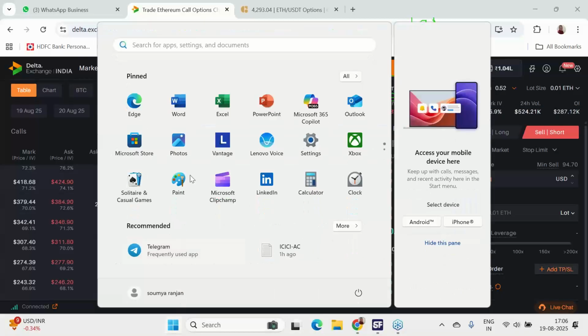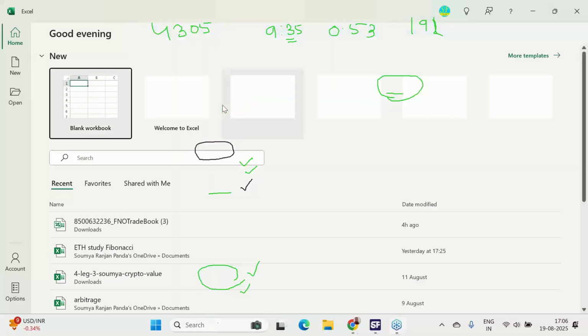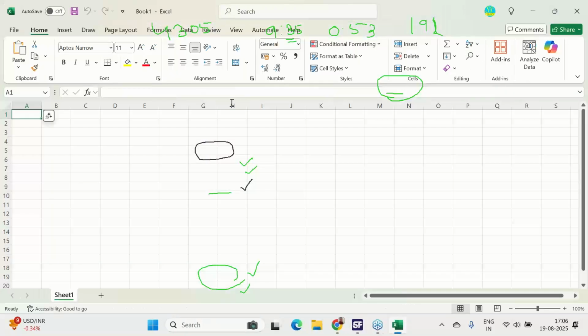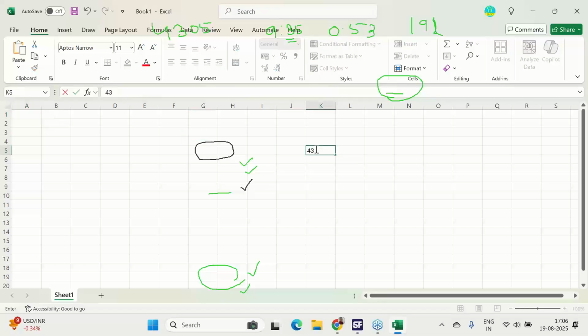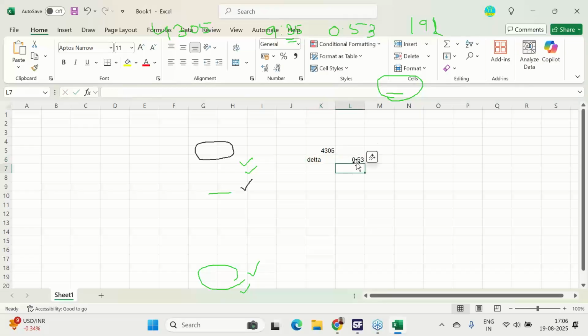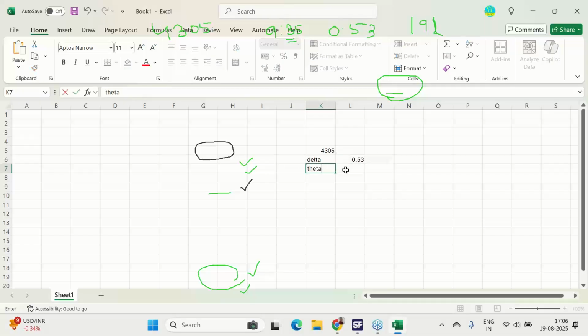Now I'll open up Excel, where everything is visible at the top. 4305 is the reference, the delta of that option is 0.53, and the theta of the call option is 9 rupees 35 paisa.